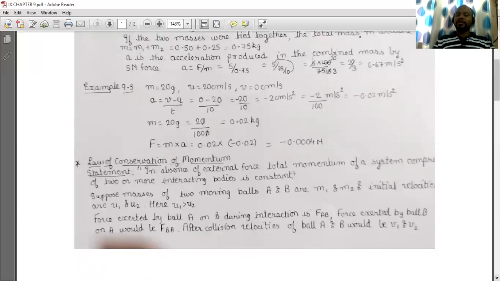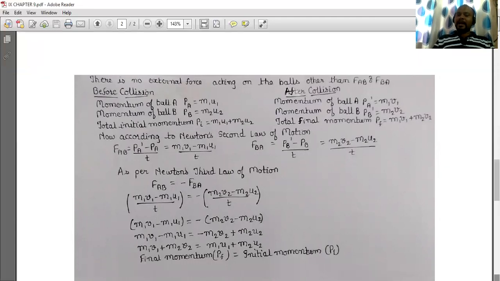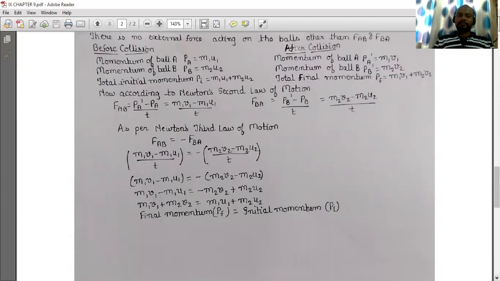After collision, the velocities of ball A and B would be v1 and v2. There is no external force acting on the balls other than FAB and FBA.